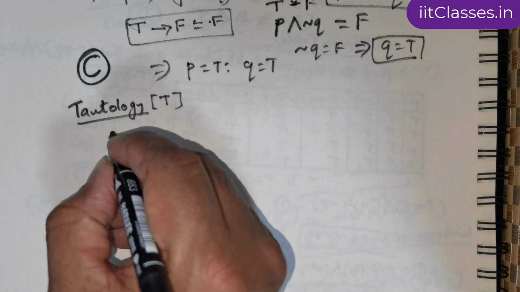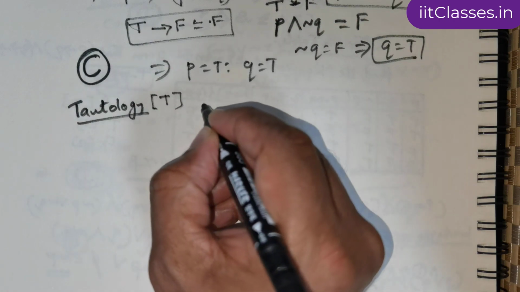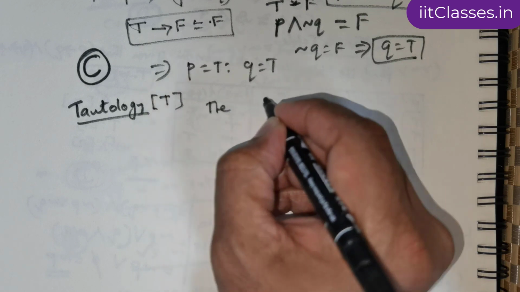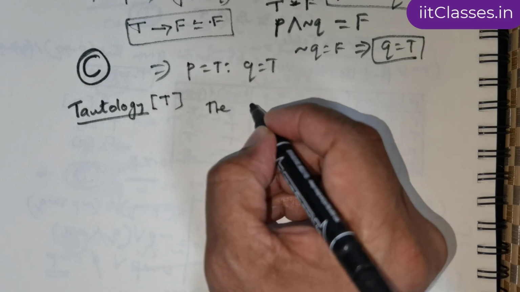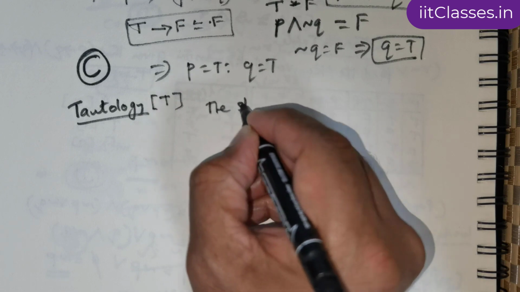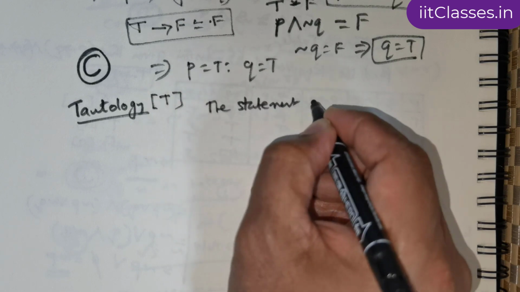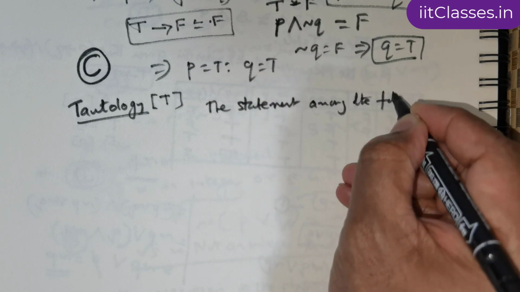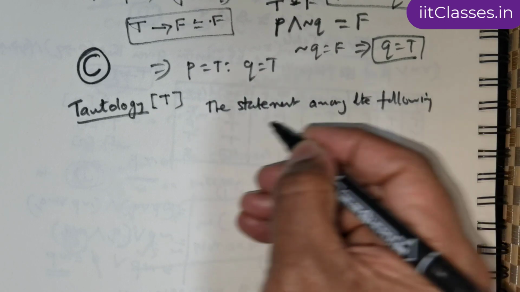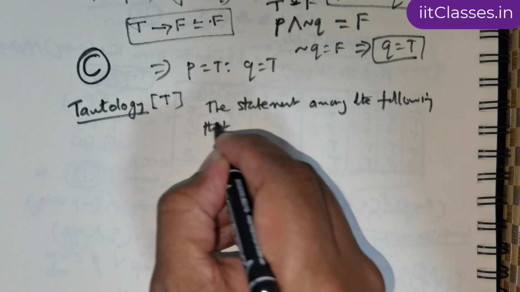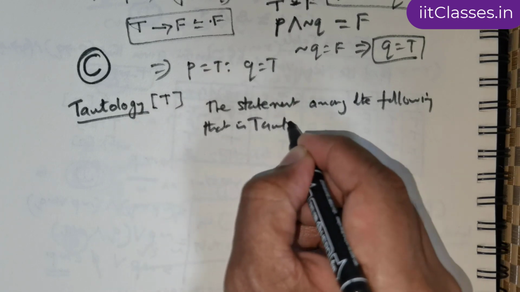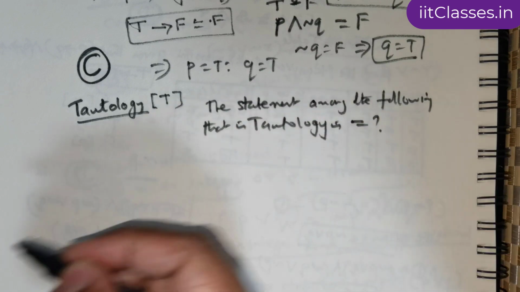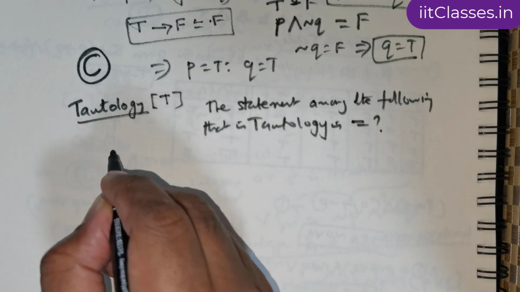Now we've been given to choose the tautology. So let me write the question. The statement among the following that is a tautology is, so we have four choices.